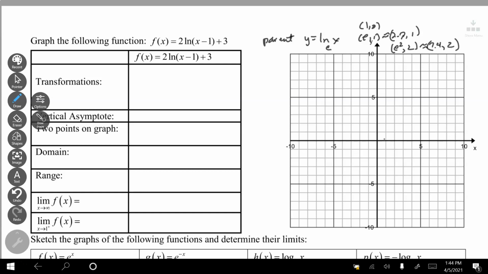So my points on this graph are 1, 0, 2.7, 1, 7.4, 2, and this is the ln of x graph.